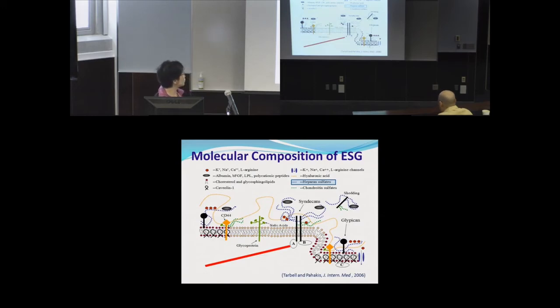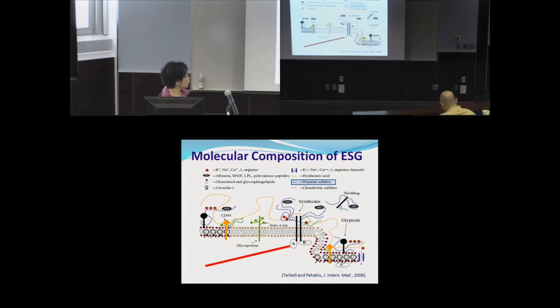So here I show you a cartoon of the molecular composition of this surface glycocalyx. This is the lipid layer of the endothelium cell. We can see there are a lot of proteoglycans and glycosaminoglycans in this layer. Here I give you some examples. This blue dotted line indicates heparan sulfate, this yellow one is hyaluronic acid, and this green one is chondroitin sulfate. They are all GAGs, glycosaminoglycans.